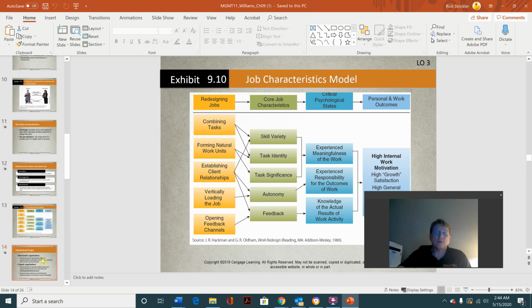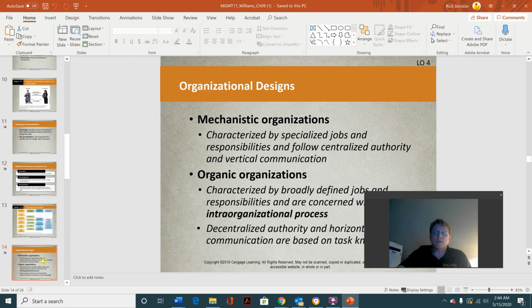And then you have a mechanistic organization, characterized by specialized jobs and responsibilities, centralized authority, and vertical communication.